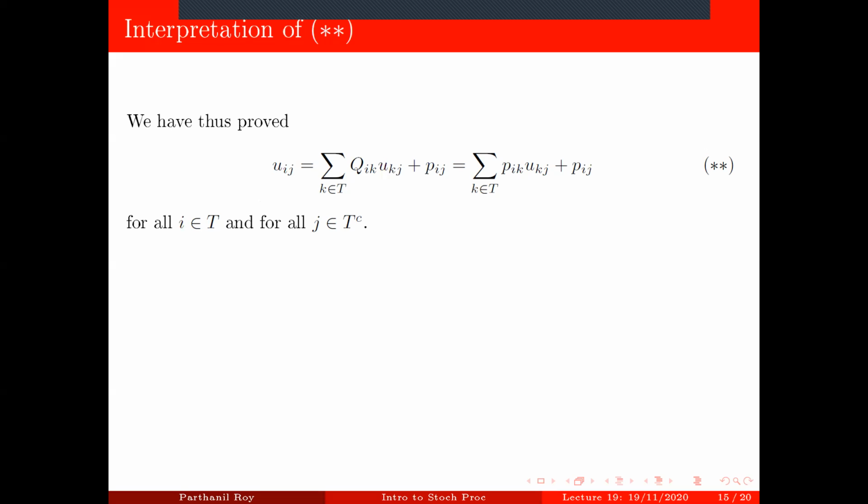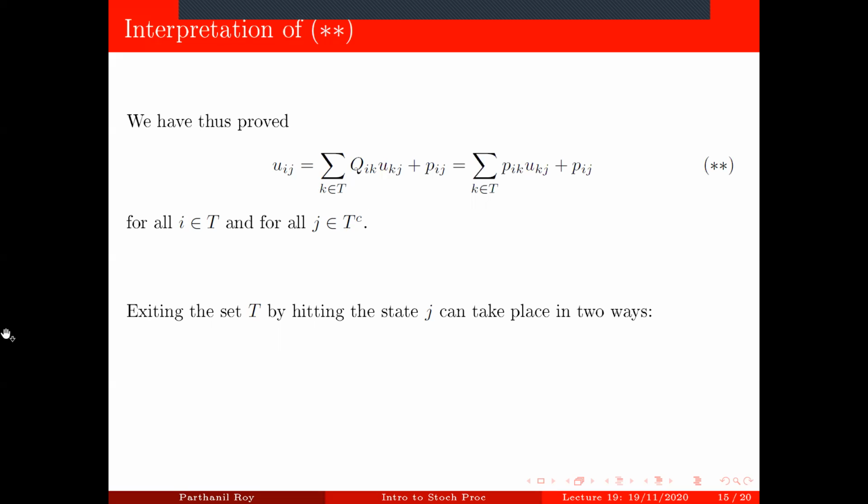Now, the interpretation of star star is as follows. Exiting the set T of all transient states by hitting the state j can take place in two ways. U_ij is the probability that starting from i, we exit the set T by hitting the recurrent state j.